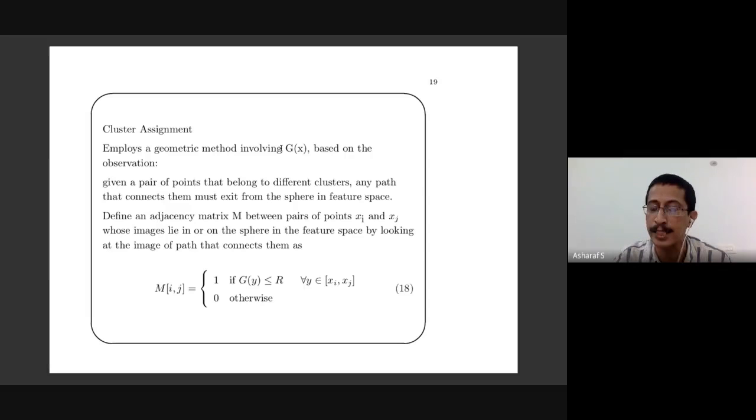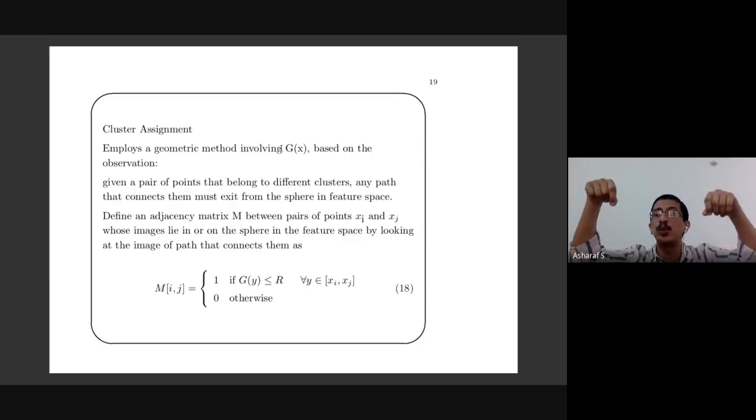Given a pair of points that belong to different clusters, any path that connects them must exit from the sphere in the feature space. Between xi and xj, if we look at the line connecting them in the two-dimensional space, we can only sample and test. If any point on that line exits the feature space sphere, it is an indication that xi and xj cannot belong to the same cluster.